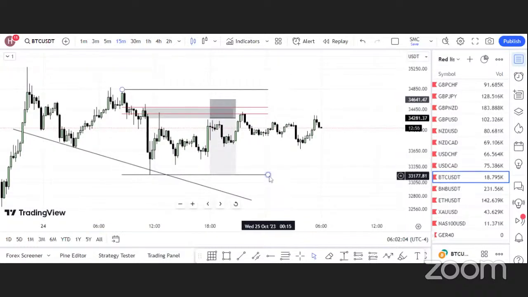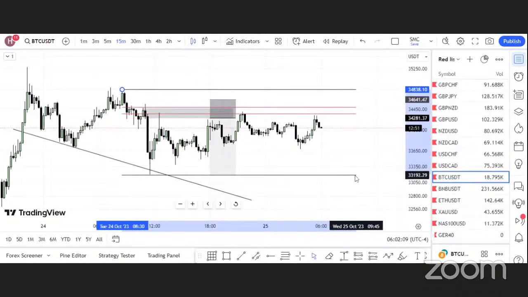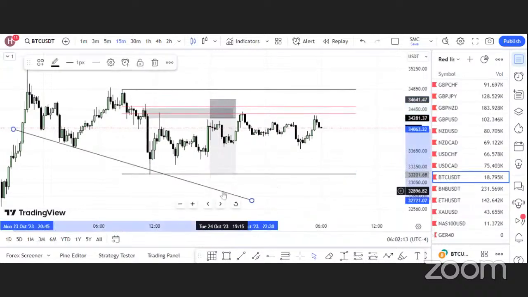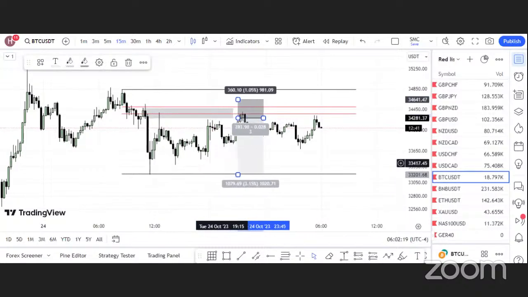So we have this. I took this over the night and the market respected it, right? So I already closed the trade.